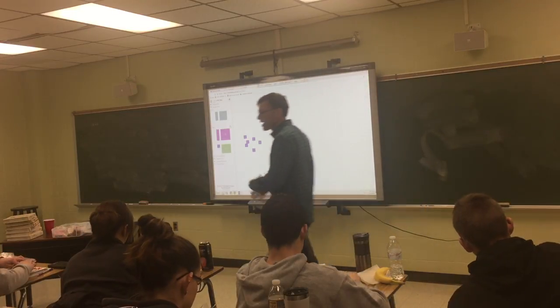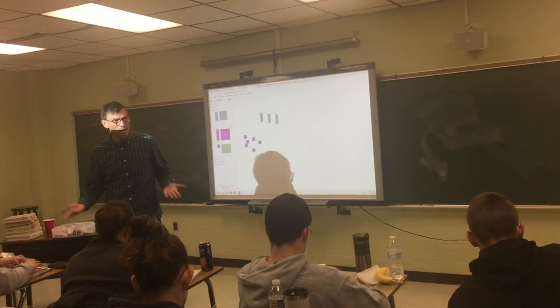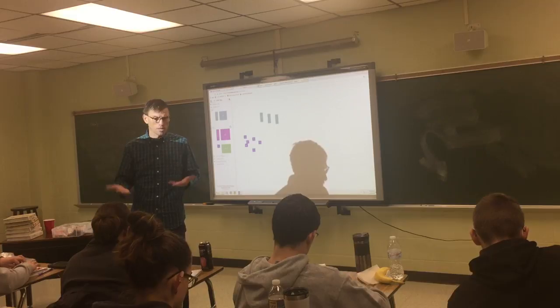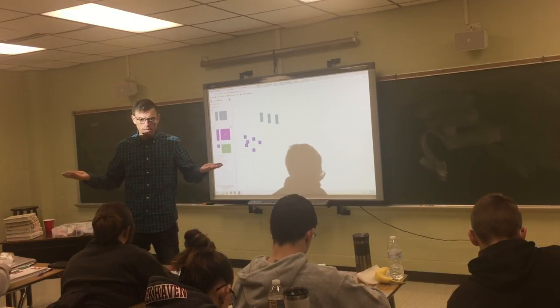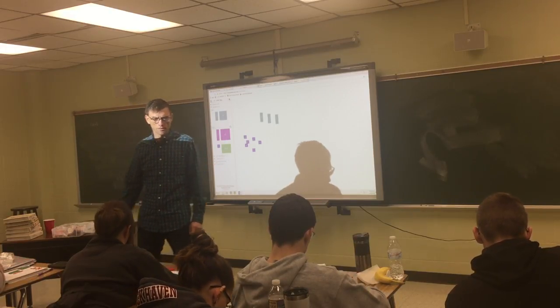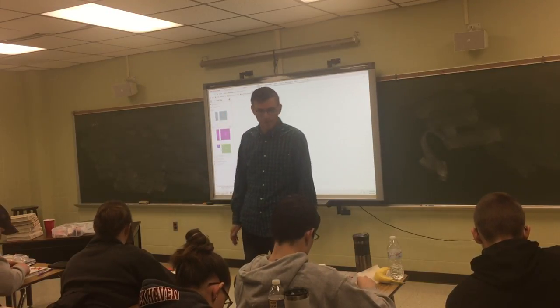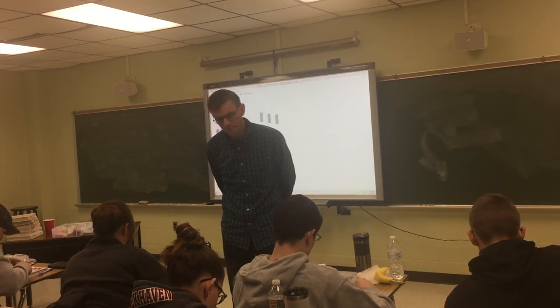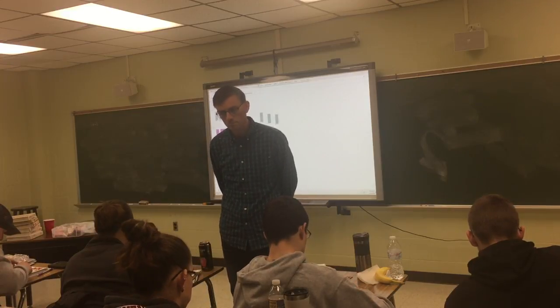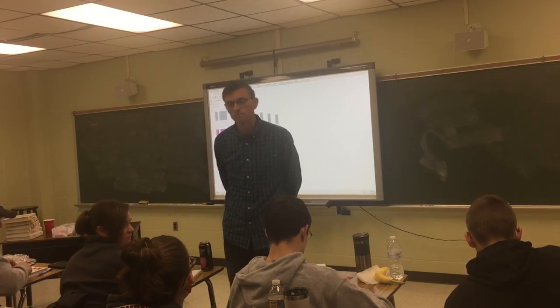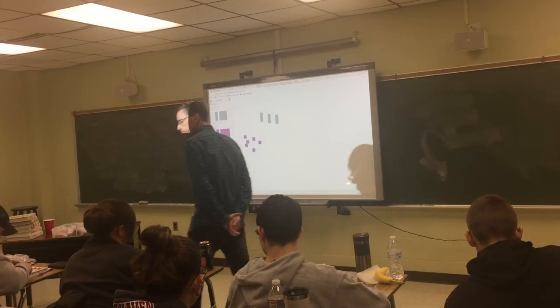Right now you just have a random mess that is an area of 3x plus 6. I want you to try to make a rectangle out of it. Didn't quite work, did it? It was close.